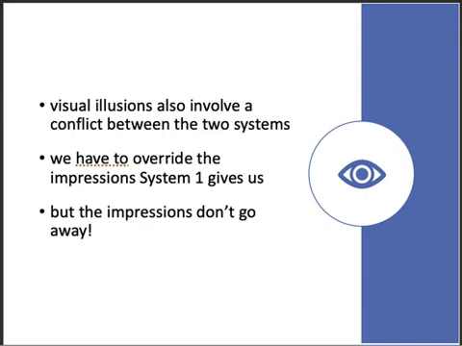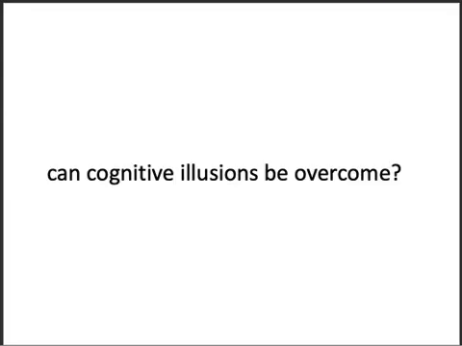So in summary, visual illusions involve a conflict between system one and system two. We have to consciously override the impressions that system one gives us. But still, even when we override those or realize those, they don't go away, they persist because we don't have direct control over system one. And now when we think about cognitive illusions, we want to identify them, and we're going to think about whether they can be overcome and how.